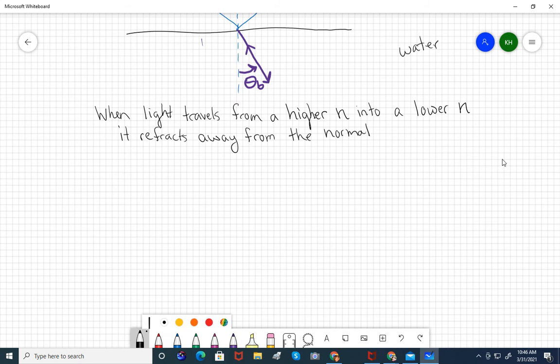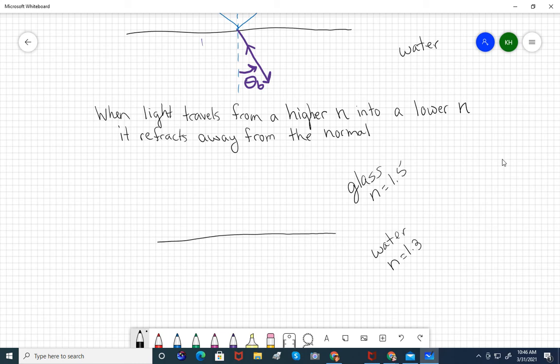So here's our surface, but now instead of having air and water, let's consider glass with n equal 1.5 roughly, and water, n equal 1.33.